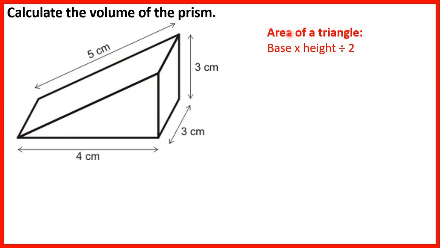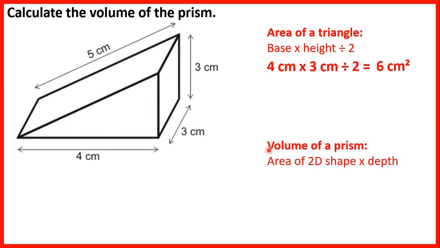To find the area of a triangle, we multiply the base by the height and then divide by 2. So we can see that the base is 4 centimetres, the height is 3 centimetres, 4 times 3 is 12, divided by 2 is 6. So the area of the triangle is 6 centimetres squared.